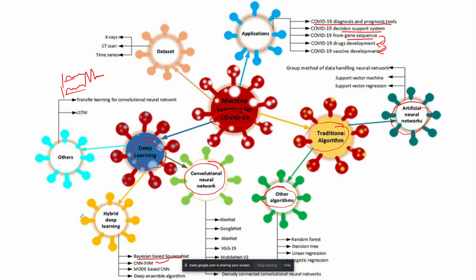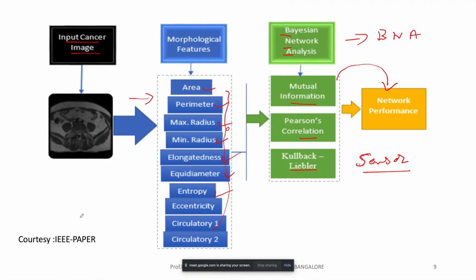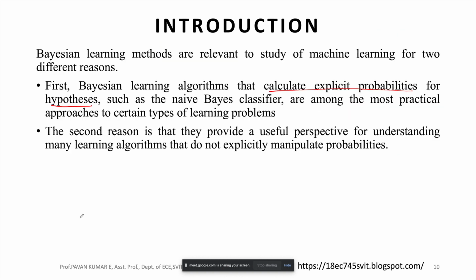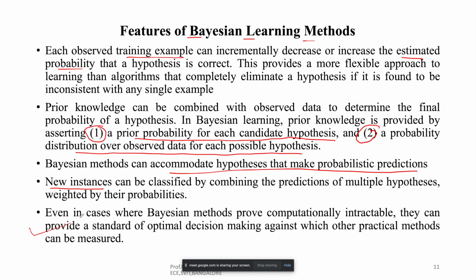These things are very easy. We also took the example of cancer images, and we discussed the features of BL methods. I hope you have understood this concept of BL.